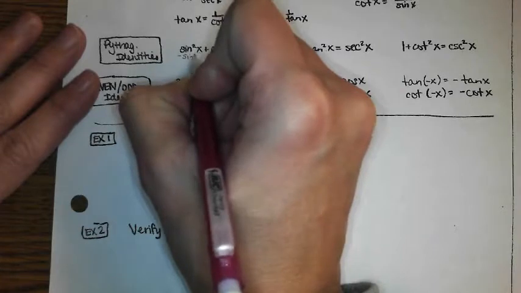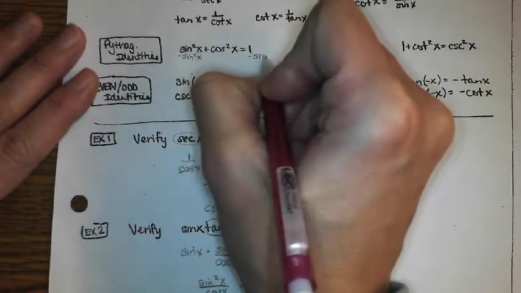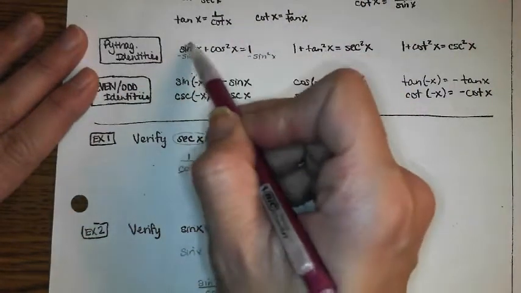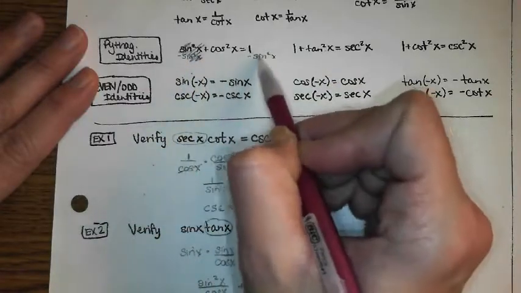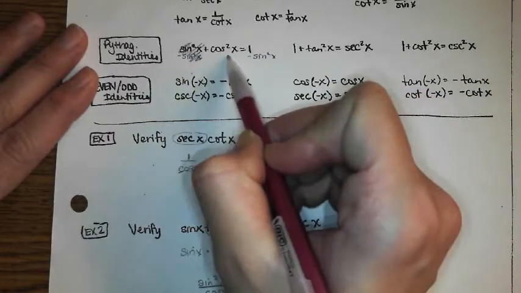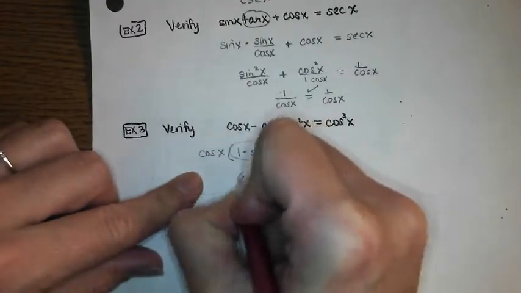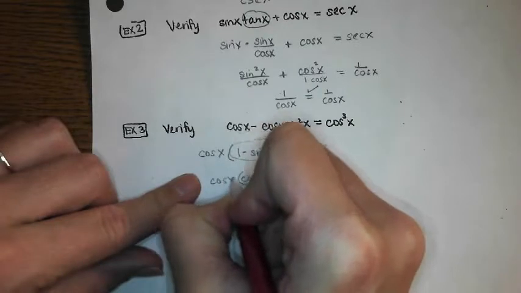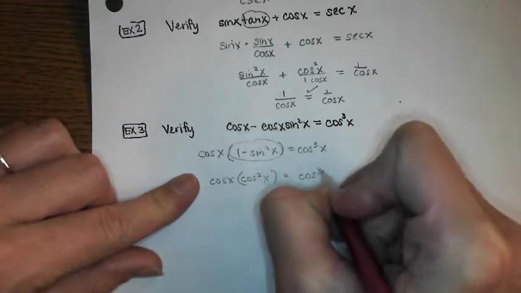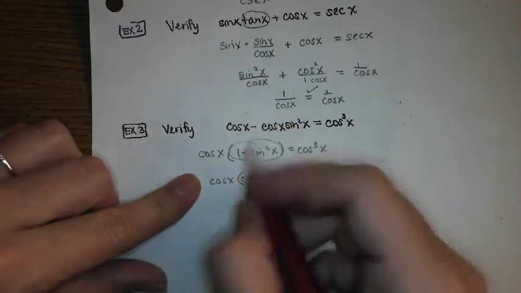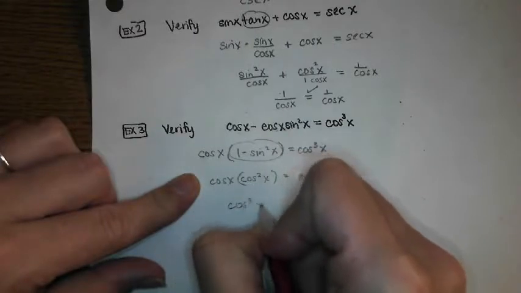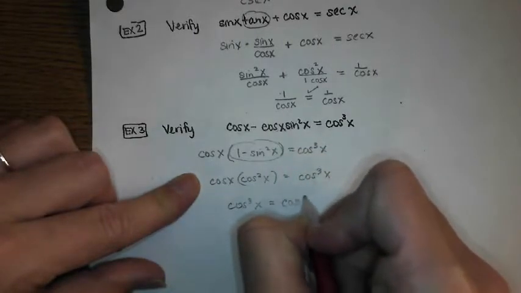So if I subtracted sine squared x from both sides, that would cancel, and 1 minus sine squared x can be replaced with cosine squared x. So I'm going to go down here and replace that.